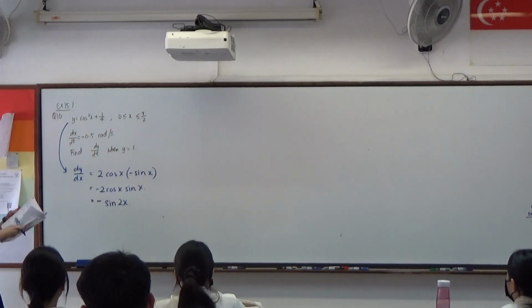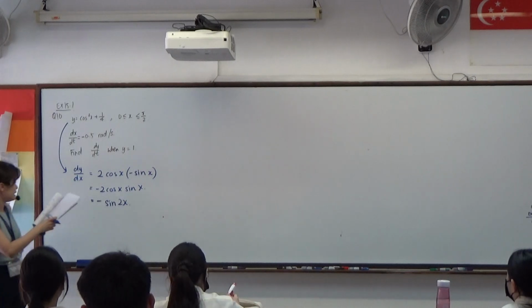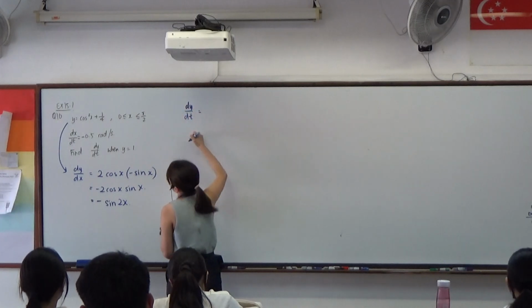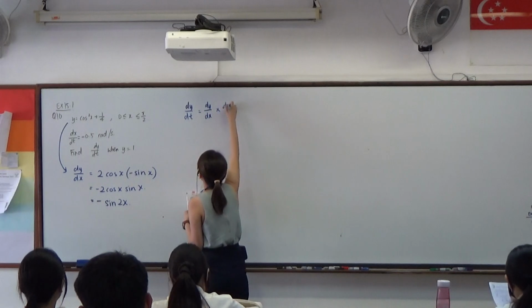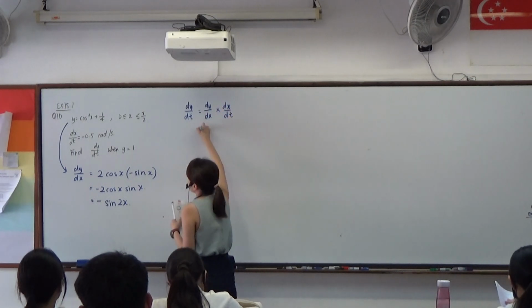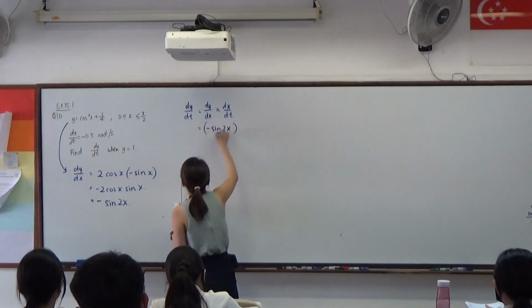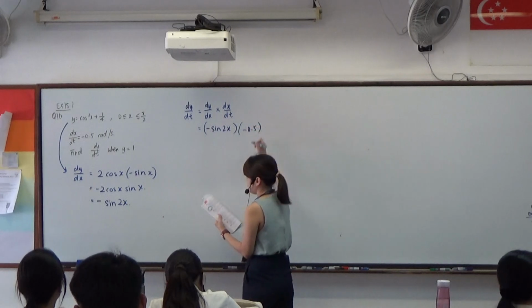Then the question asks us to find out what is dy over dt. So the formula that we will need is dy over dt equals dy over dx times dx over dt. And that would be negative sine 2x times your dx over dt, negative 0.5.